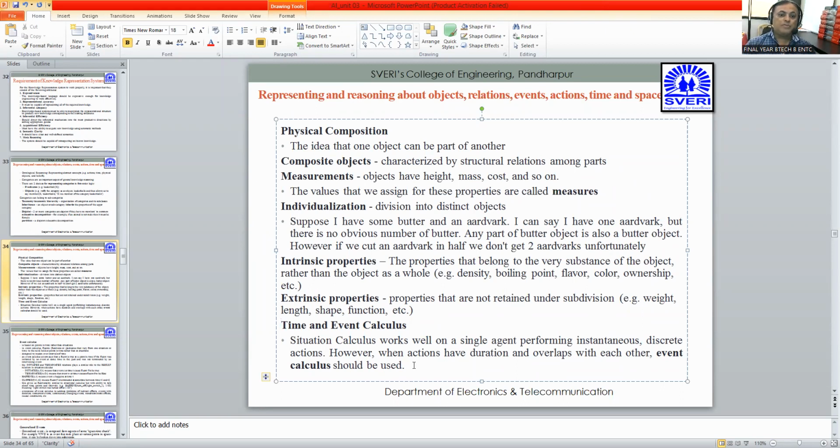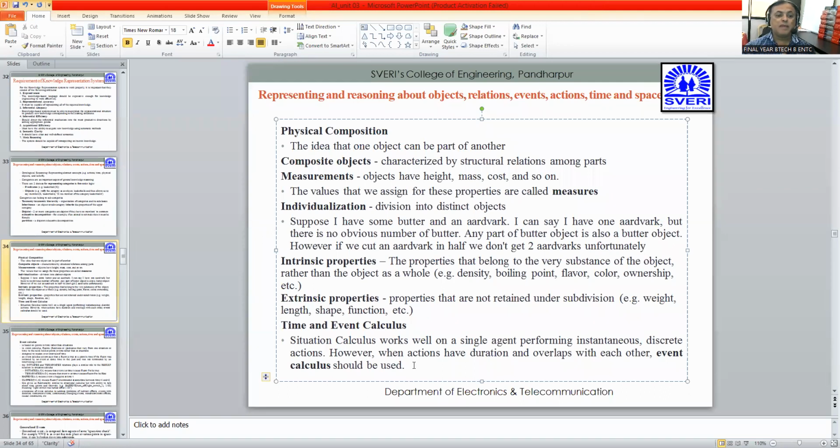What we are not retaining under subdivisions may be weight, length, shape, functions, etc. All these things are nothing but the extrinsic properties. So the properties that are not retained under subdivisions are called extrinsic properties.